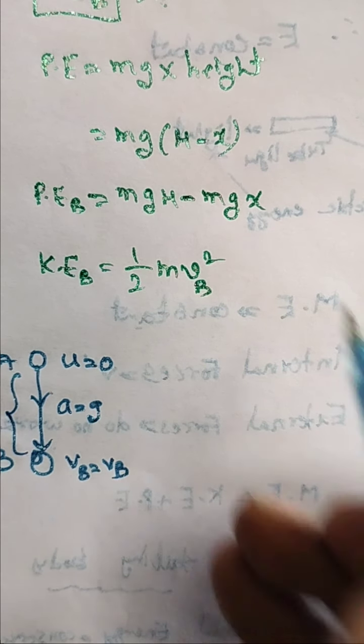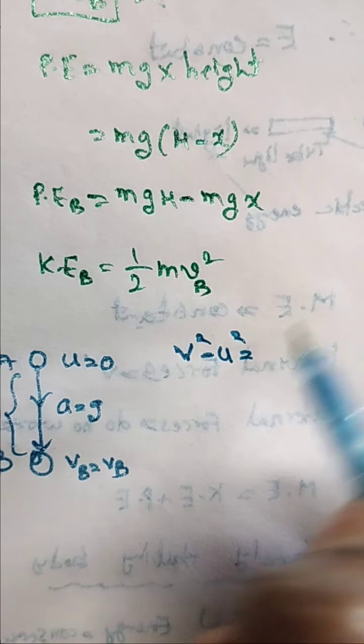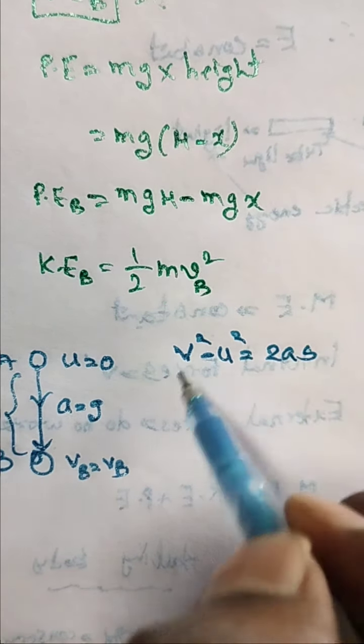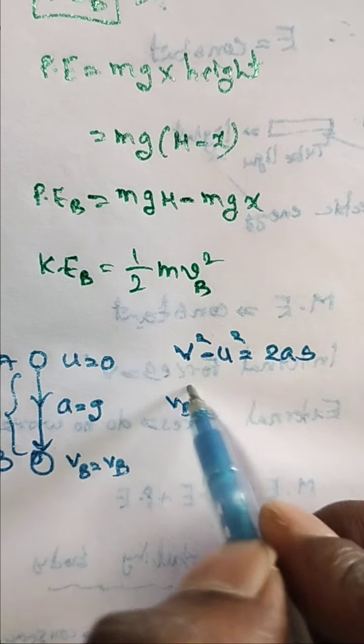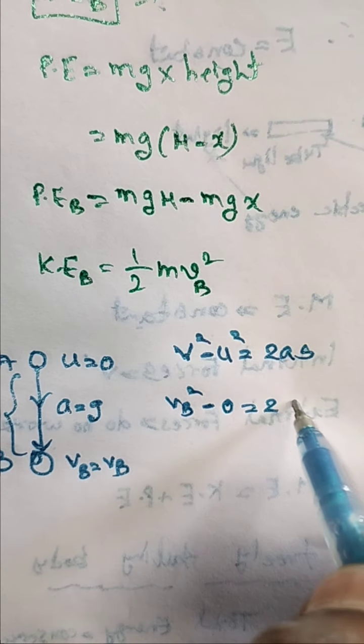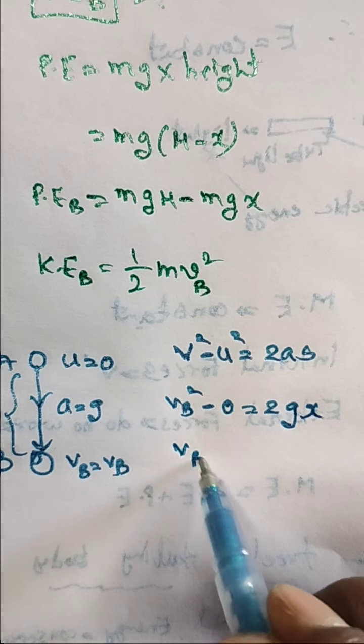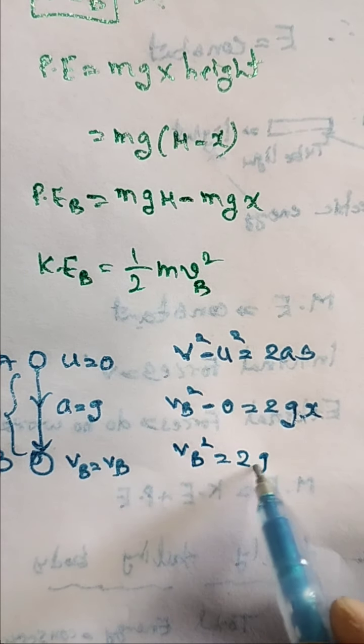For this purpose I am using the formula v square minus u square is equal to 2as. So vb square, with u square initial velocity 0, is 2 into a, where a is equal to g, and s is equal to x. So vb square is equal to 2gx.